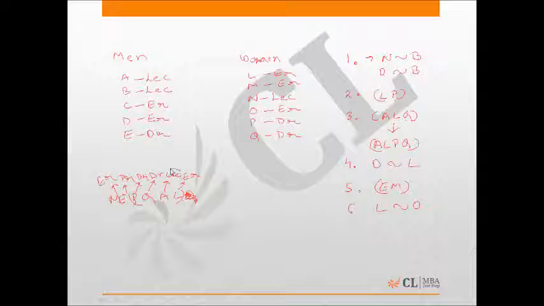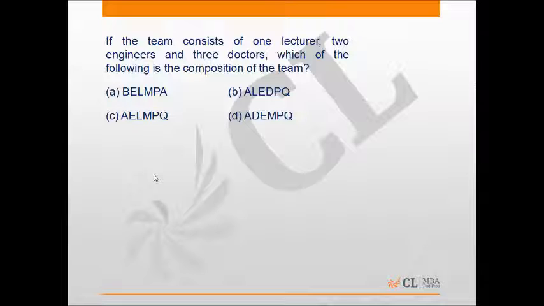Yes, my condition is satisfied. There is 1 lecturer, there are 2 engineers and there are 3 doctors. So my group is M, E, P, Q, A, L. Among the given options, the answer is option C, where all are mentioned: M, E, P, Q, A and L.